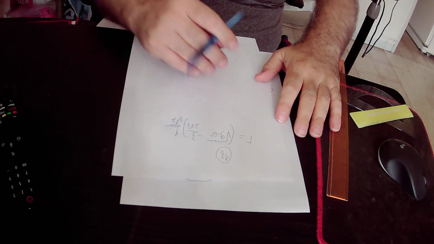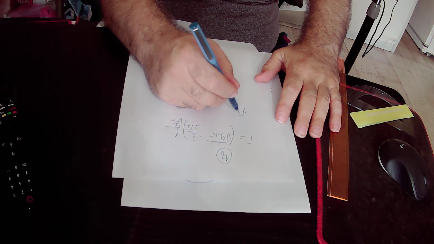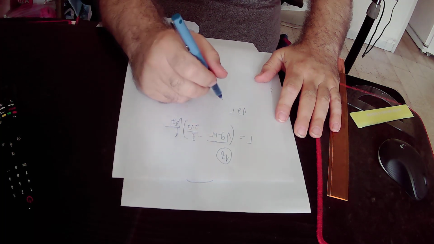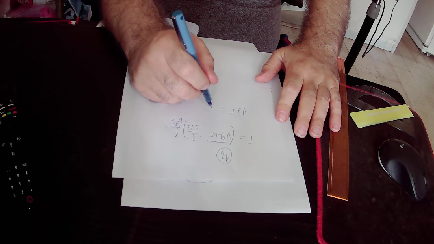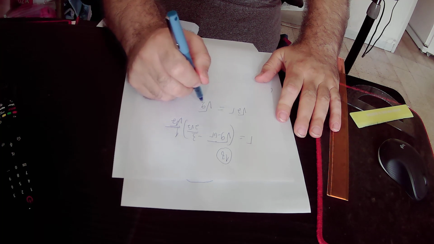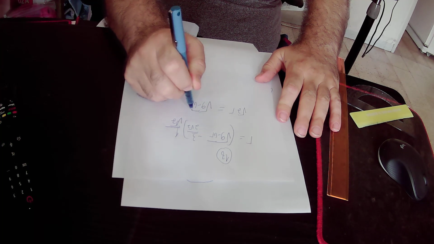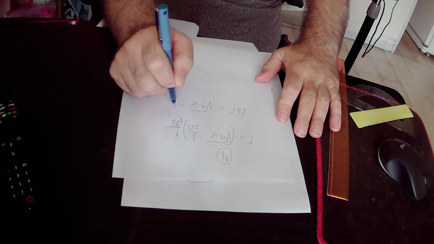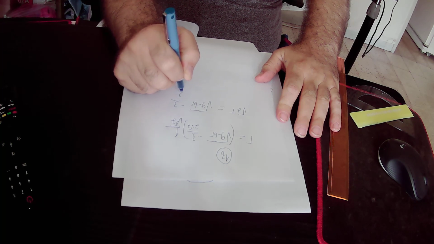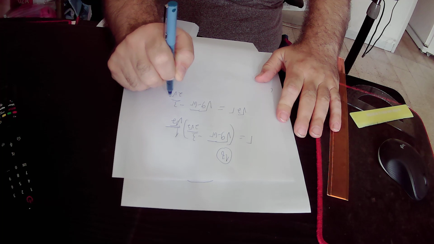We will get that root 2 times r equals the root of 9 minus 6r minus 3 over 2 times root 2.